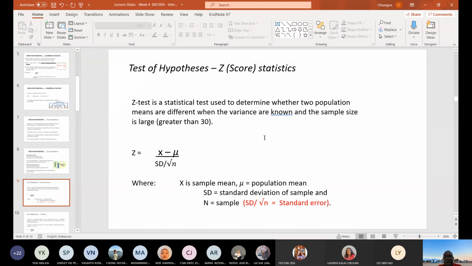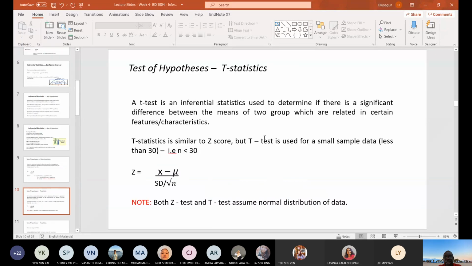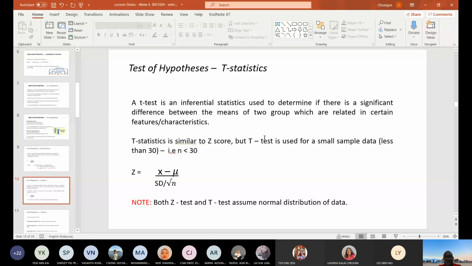But when it is less than 30, we use what we call T statistics. The same expression, but the only difference is the sample size. When it is bigger than 30, we talk about Z statistics. When the sample is less than 30, from 1 to 29, we use T statistics.